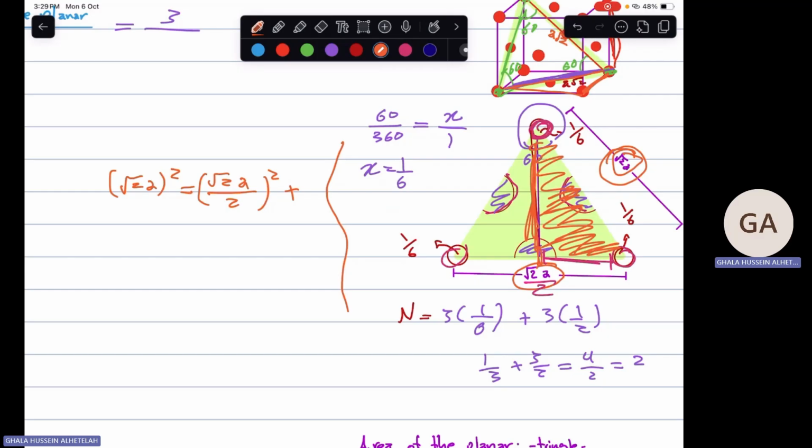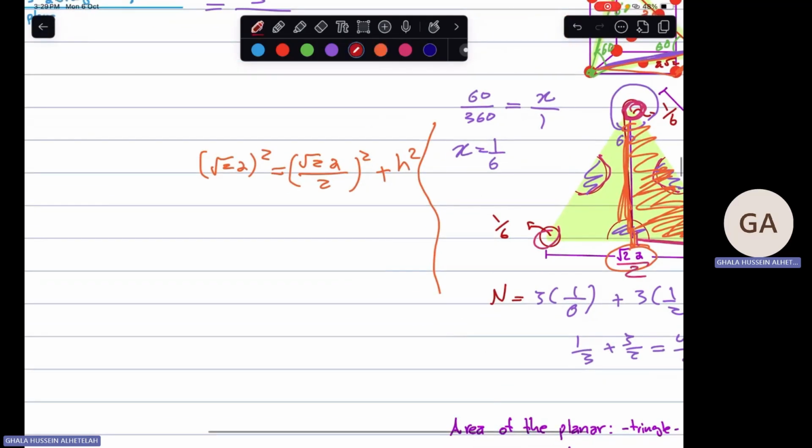Let's name it h squared. So h squared plus (square root of 2a over 2) squared is equal to (square root of 2a) squared.